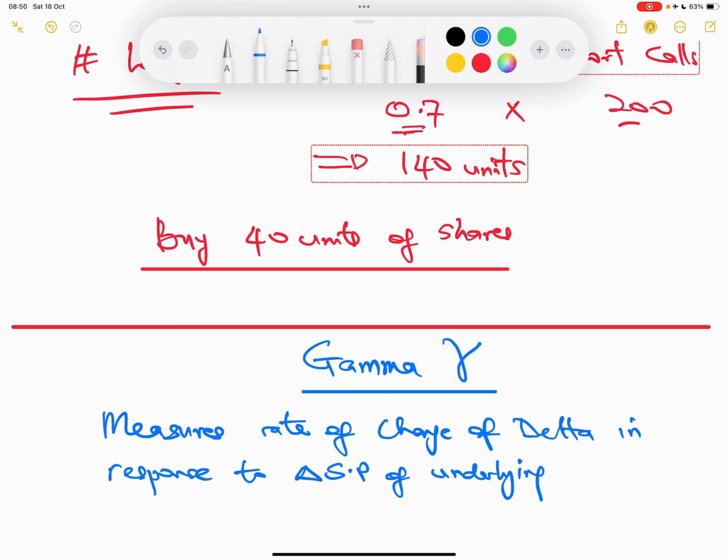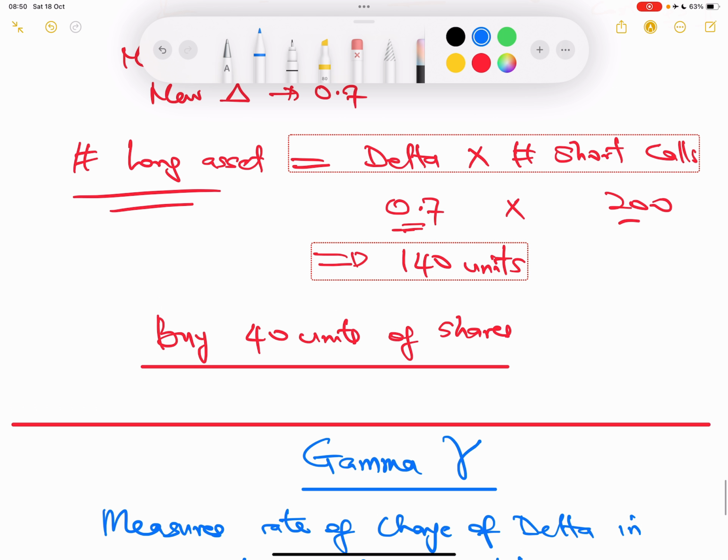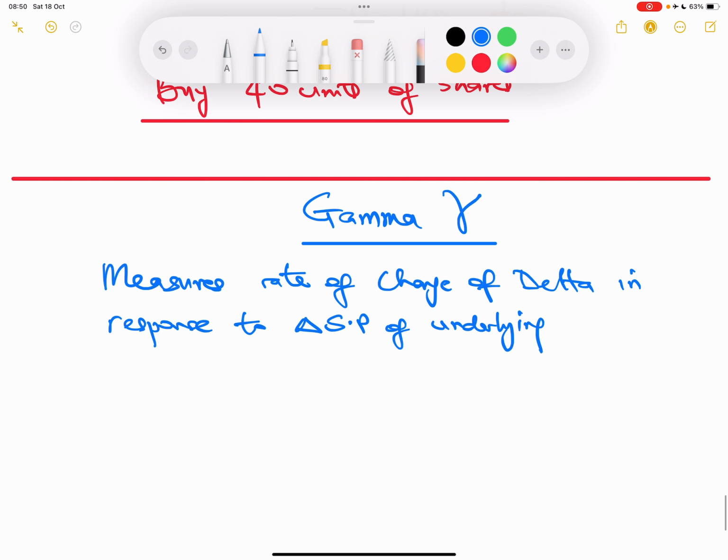Because we already know that when the selling price of the underlying is changing, delta will change. But the question is, how big is the change? Change in delta over change in the selling price of the underlying.